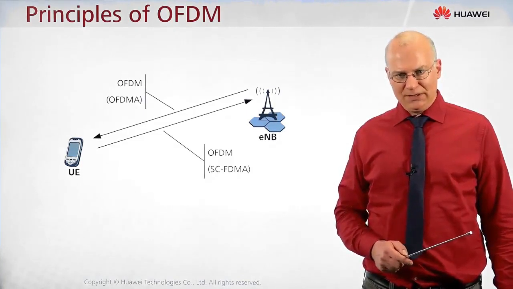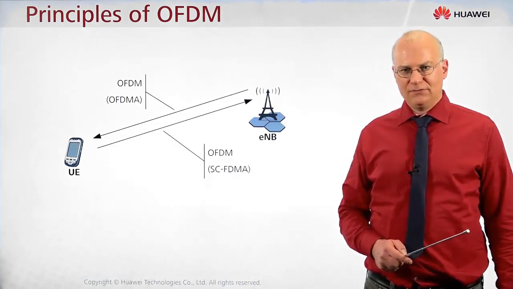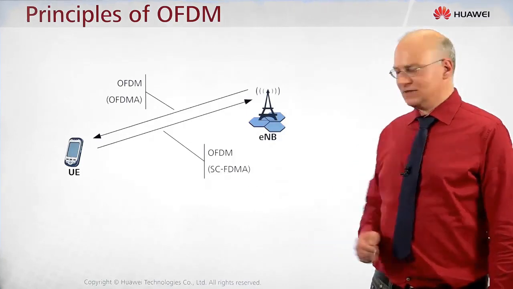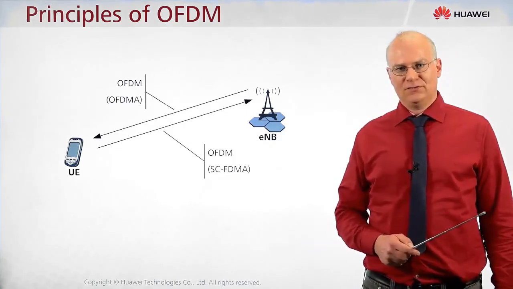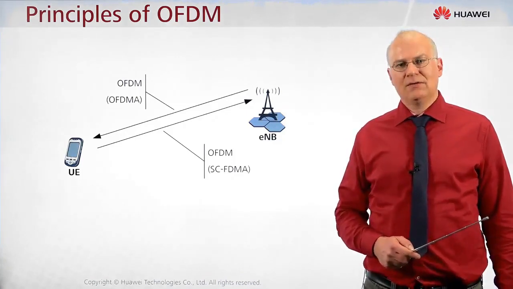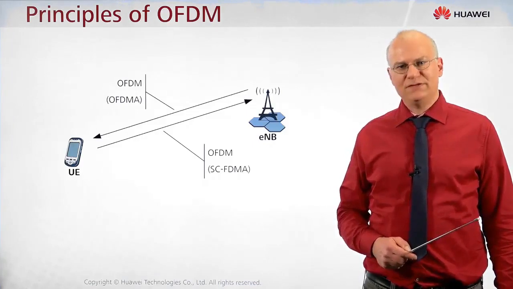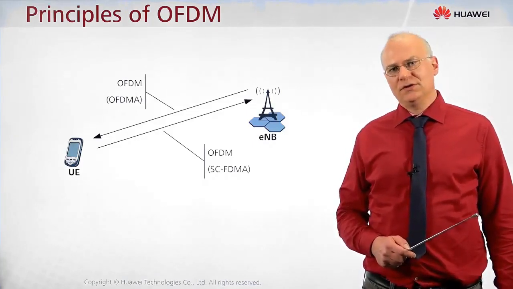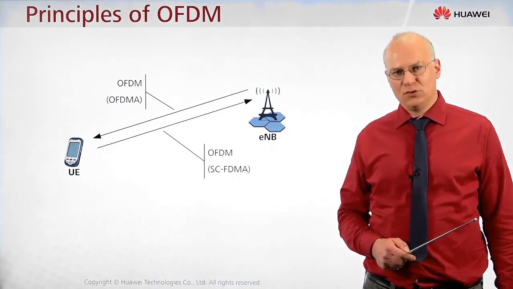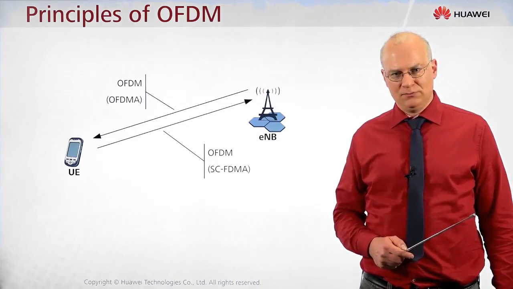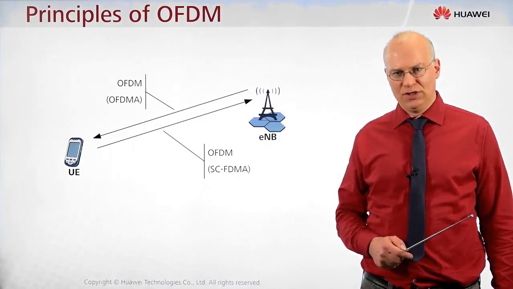In the uplink, a slight modification, which is called single carrier frequency division multiple access. But the principle is basically the same. So now in the following, let's focus on the signal processing in the downlink.